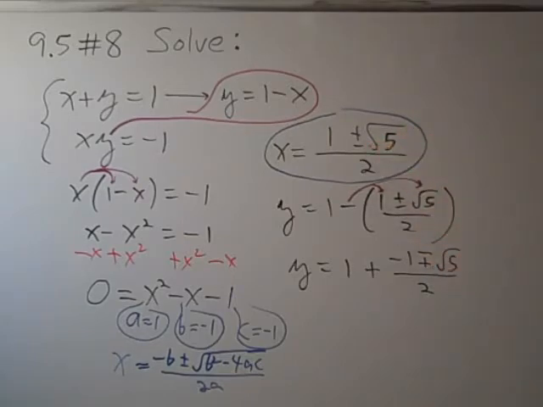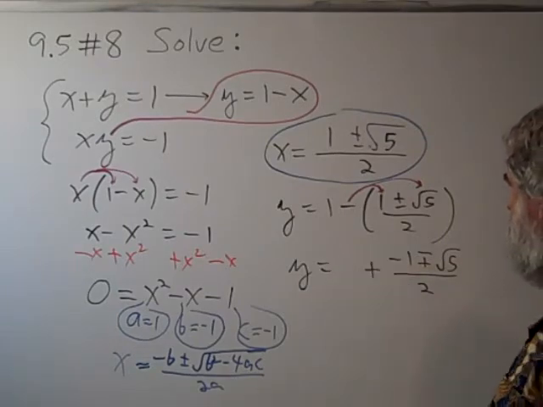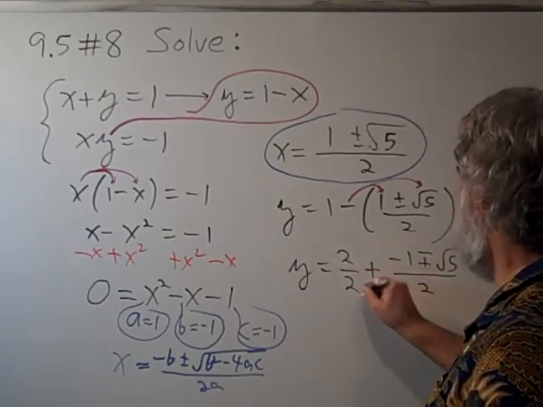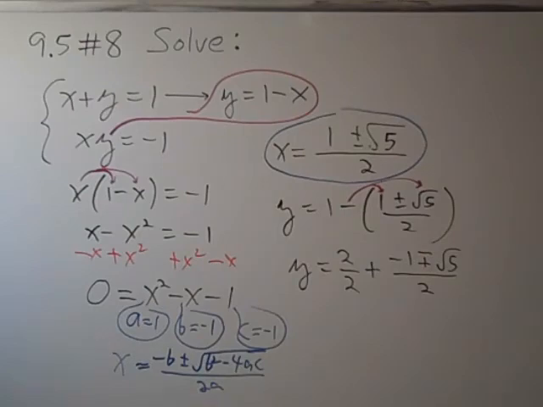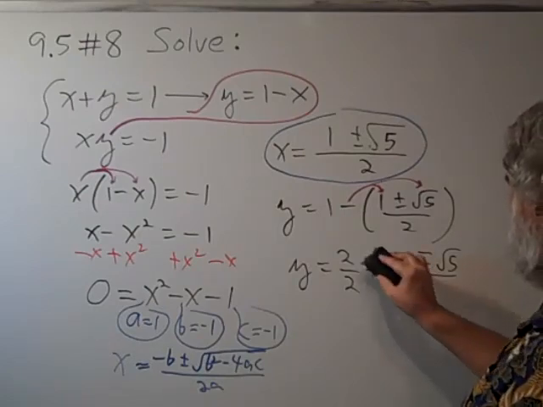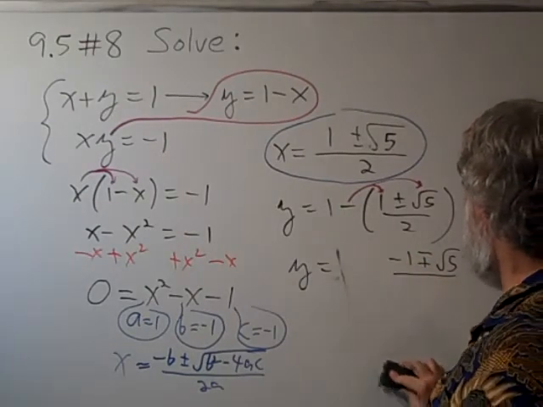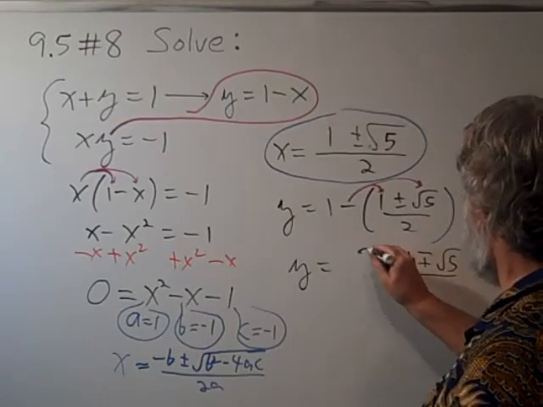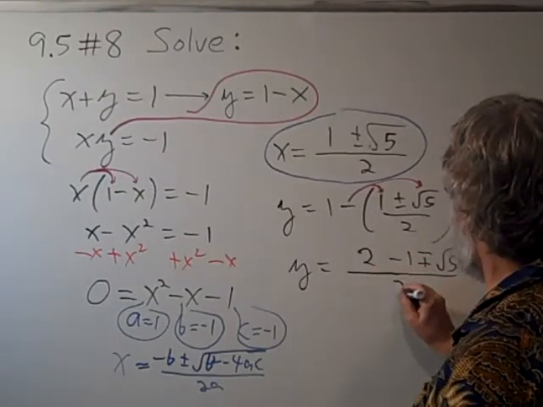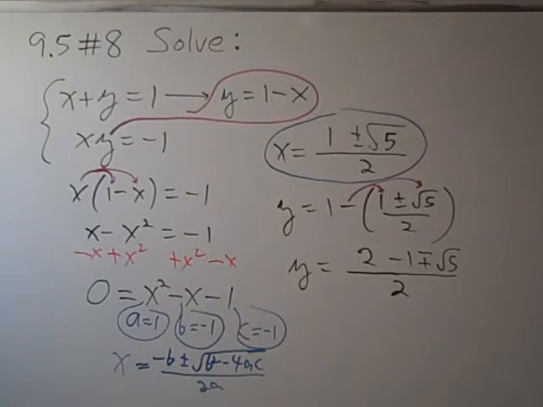Well, 1 is equal to 2 divided by 2. So now that they have the same denominator, we can add the numerators. And 2 minus 1 is 1.